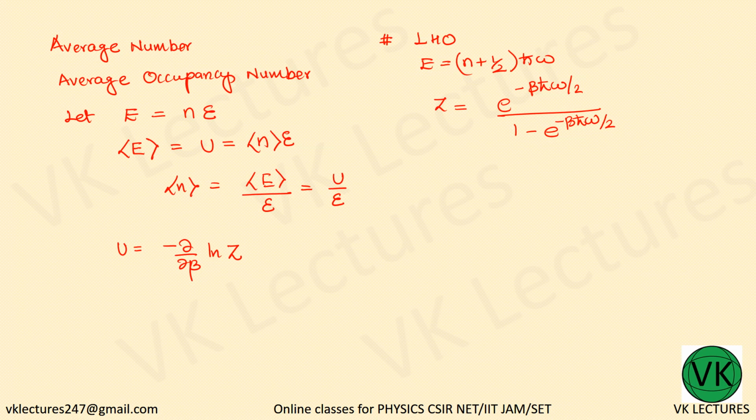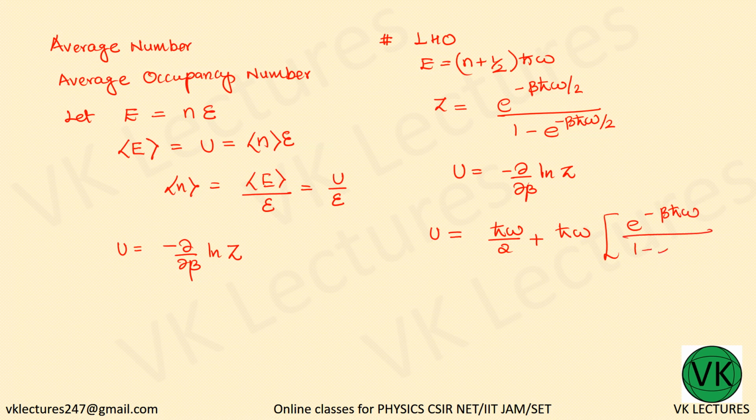So now from here you can find U, which is equal to minus dou by dou beta log Z. You can substitute the value of Z here, and we have already found that U is equal to h cross omega by 2 plus h cross omega into e to the power minus beta h cross omega divided by 1 minus e to the power minus beta h cross omega.